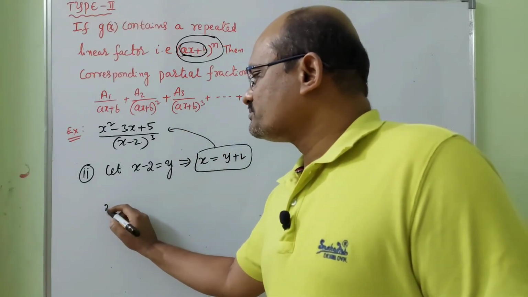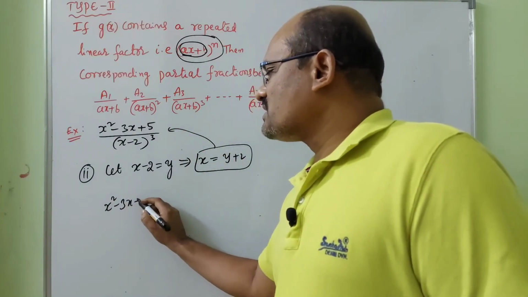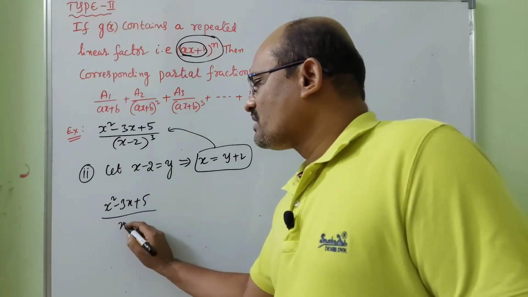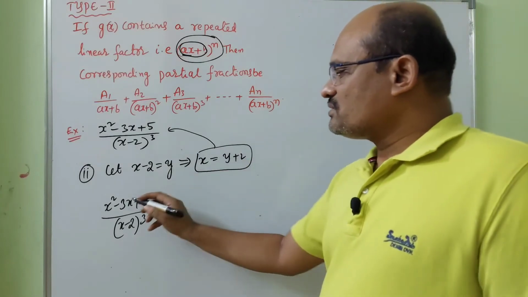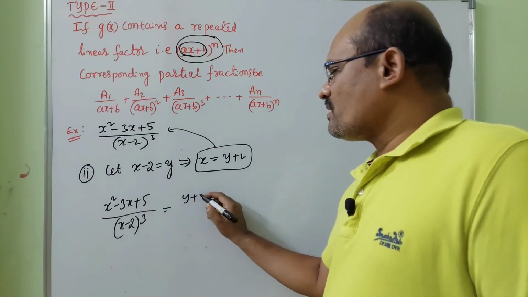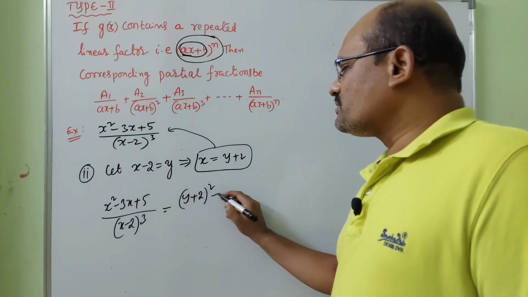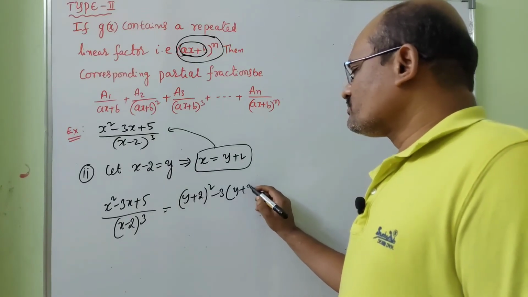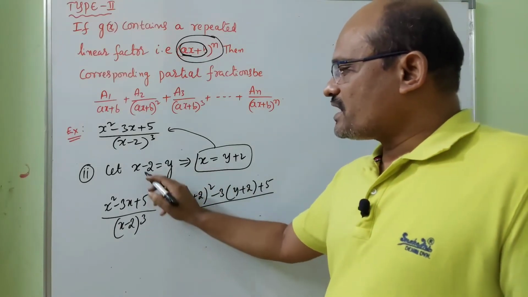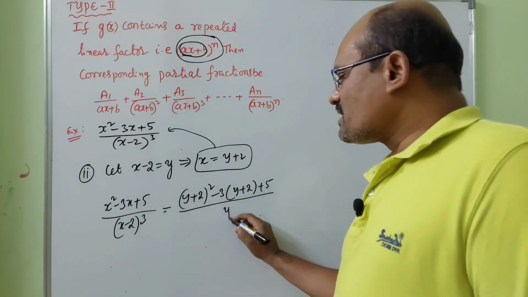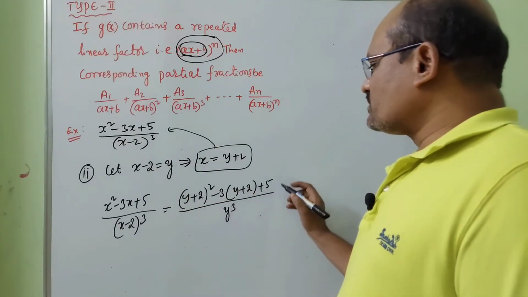So what you get? (x square minus 3x plus 5) by (x minus 2) whole cube. Put x equal to y plus 2. I am converting the fraction into y. Here I assumed x minus 2 as y, so directly I am writing x minus 2 as y cube.